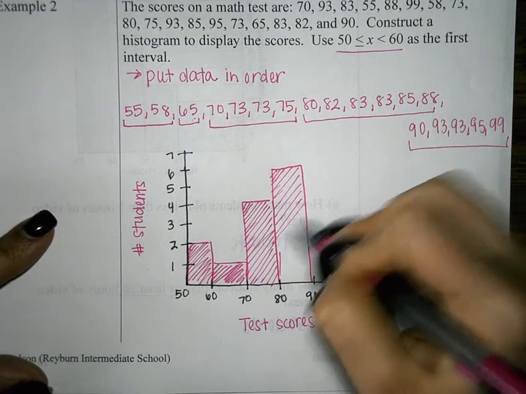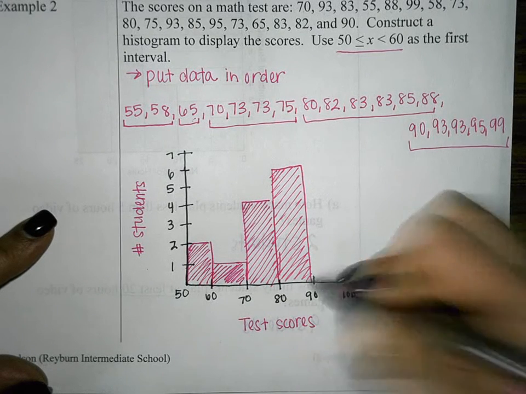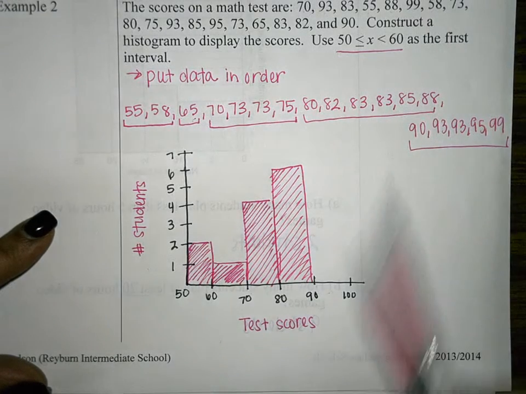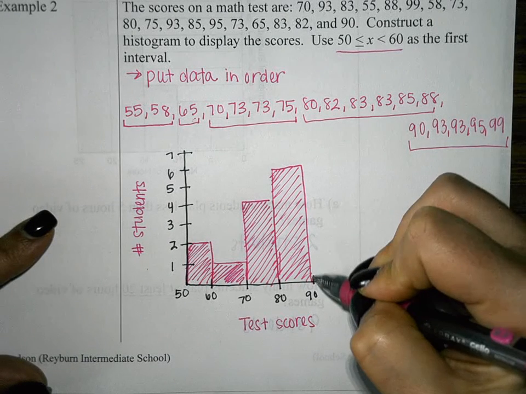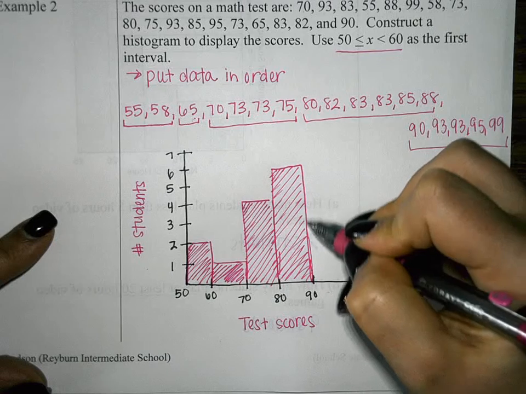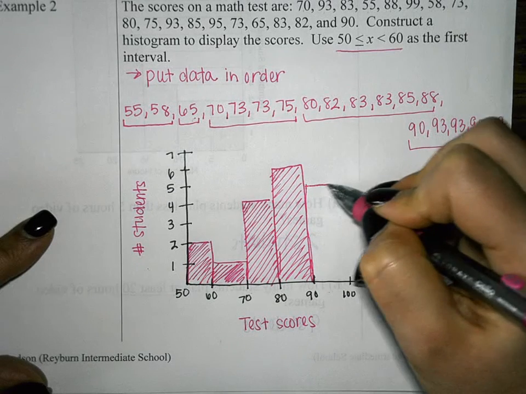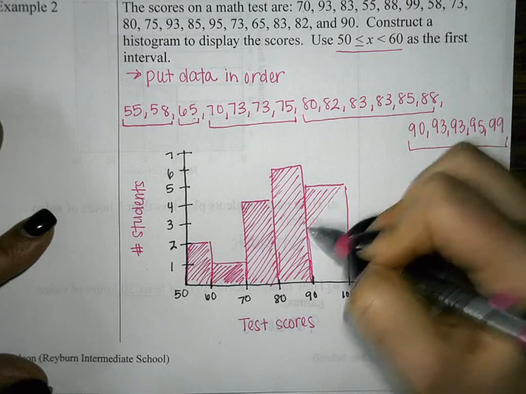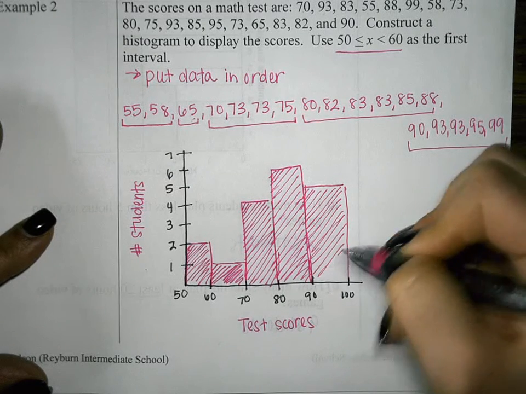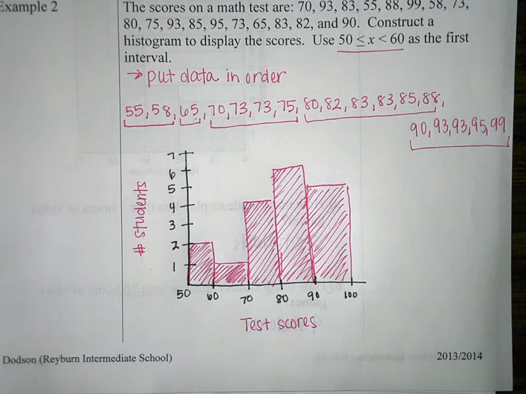Color it in. And then from 90 to 100, we have 1, 2, 3, 4, 5 students. So that's going to go to 5. And then color that in. And that's our histogram.